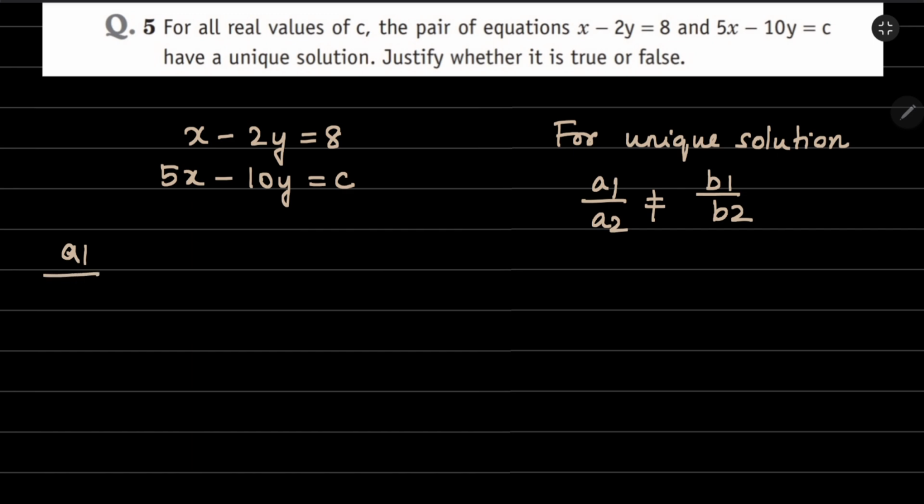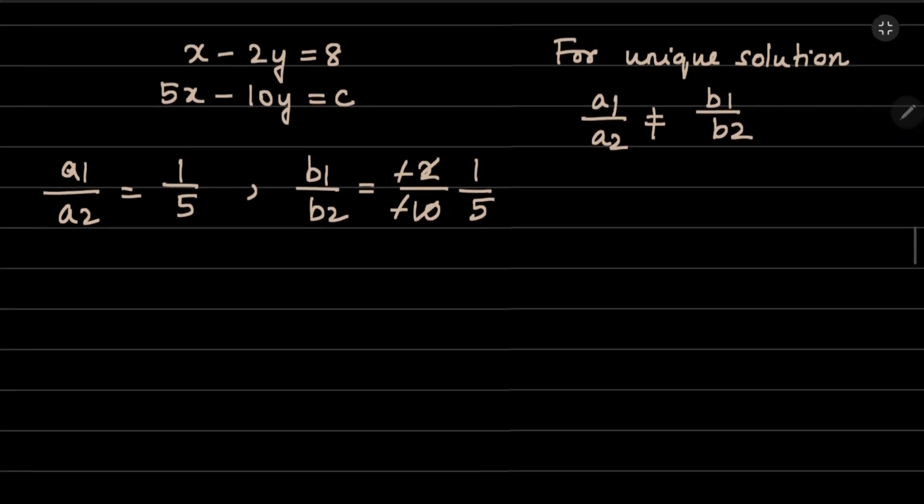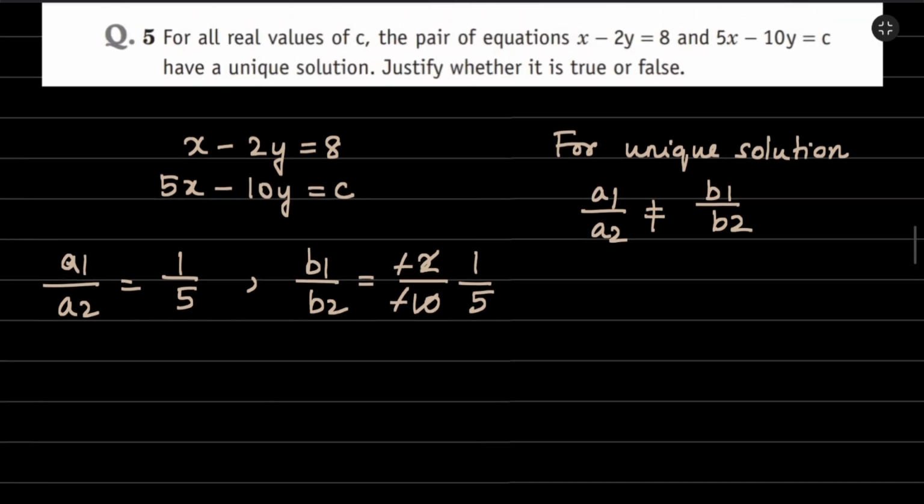Let's take what is a1 by a2. It is 1 by 5. What is b1 by b2? So here you have minus 2 by minus 10, which is nothing but 1 by 5. So here a1 by a2 is equal to b1 by b2. Therefore, can it have unique solution?